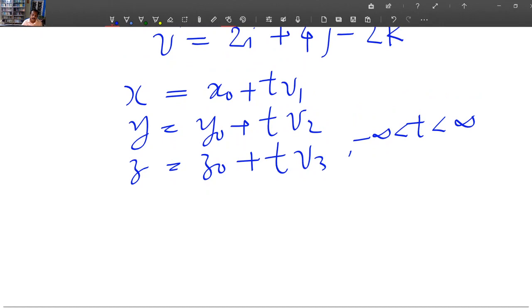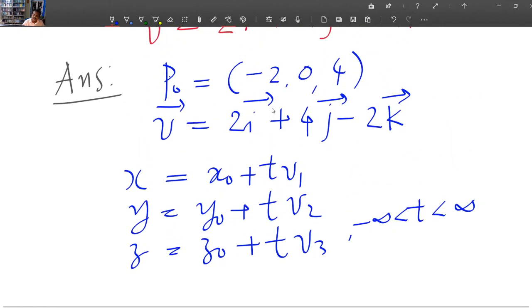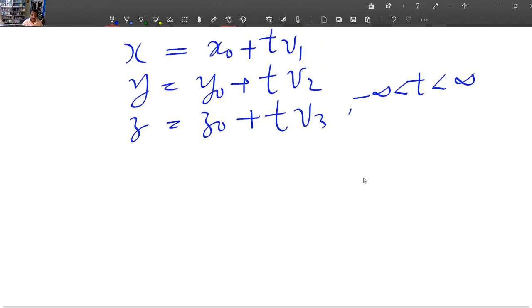So here x naught is given to be minus 2, y naught is given to be 0, and z naught is given to be 4, and v1 is 2, v2 is 4, and v3 is minus 2. So you can use that.